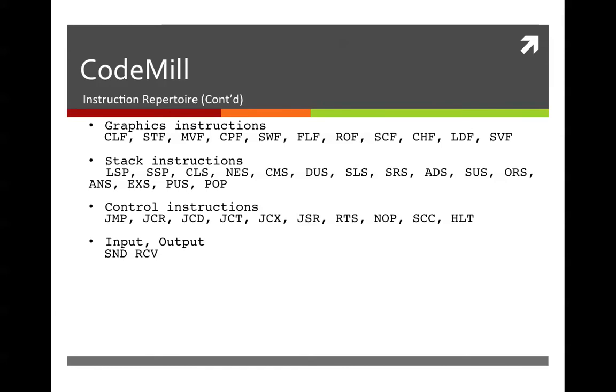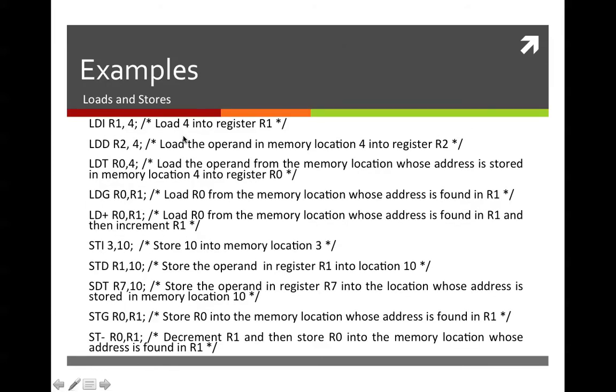And so here are some examples: LDI R1, 4 simply loads a value into a register. This is because it's an I, that is immediate, and a direct load, LDD, would take the operand in location 4 and put it into R2.